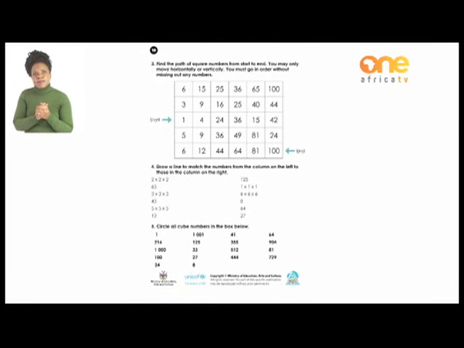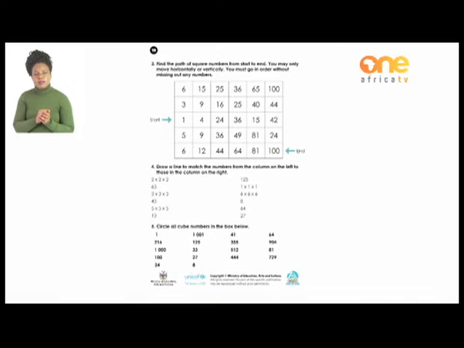You can do that. Number 4, we have to draw a line to match the numbers from the column on the left to those in the column on the right. So if you have the first one with 2 times 2 times 2, what will be the answer on the right hand side?